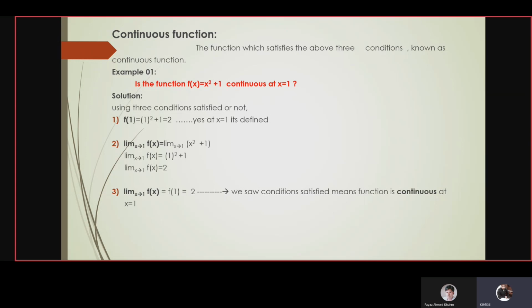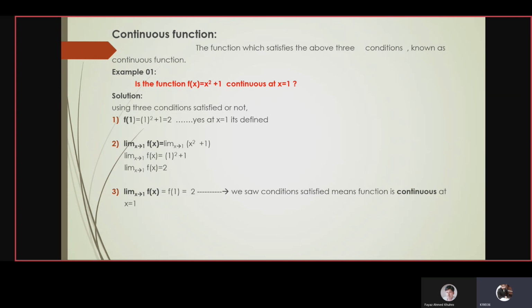Now I check whether the limit exists. Limit as x tends to 1 gives the value 2. The limit is 2, and the function value is also 2.